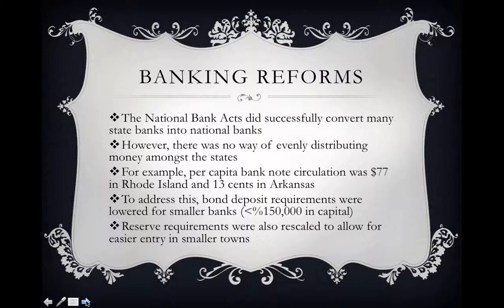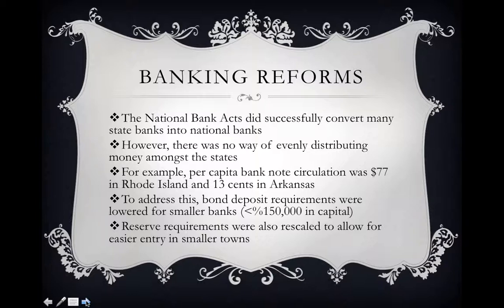So I just want you to realize what the National Bank Act actually successfully did. It did convert a lot of state banks over, but realize that they did not eliminate the state banks completely themselves. All right? And realize that national banknote circulation varied among the states.